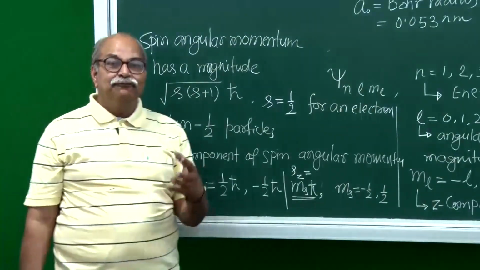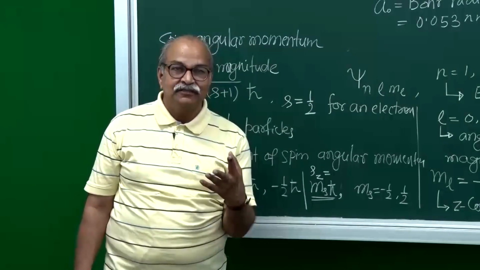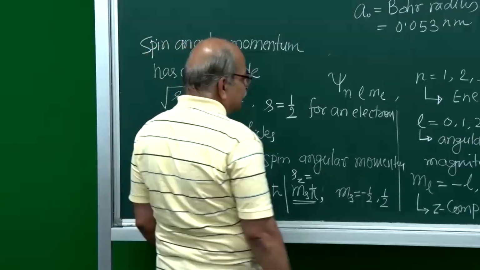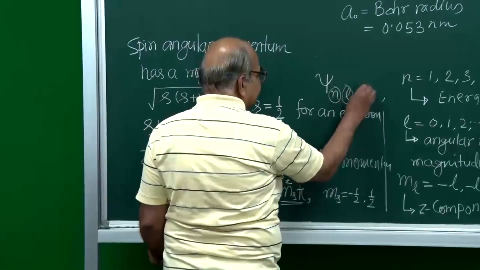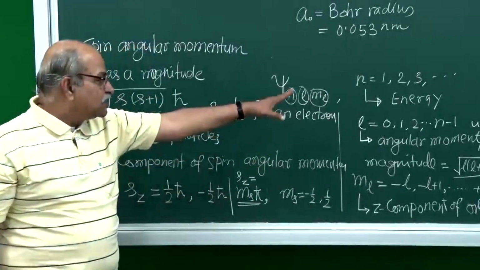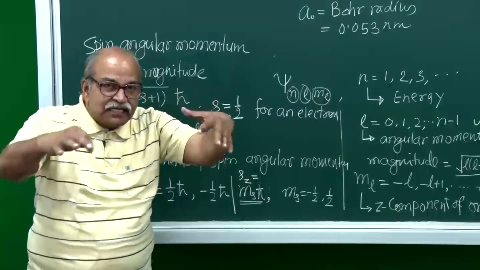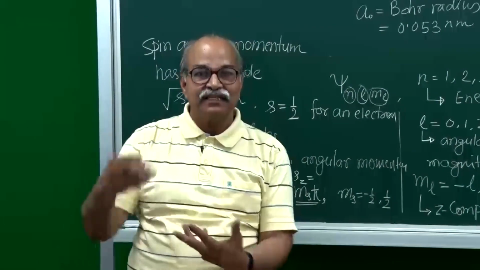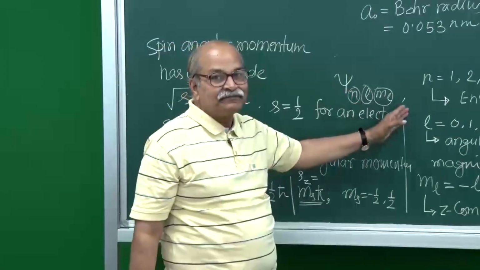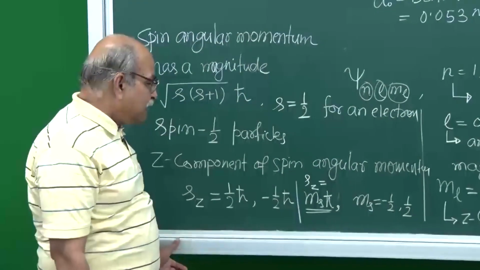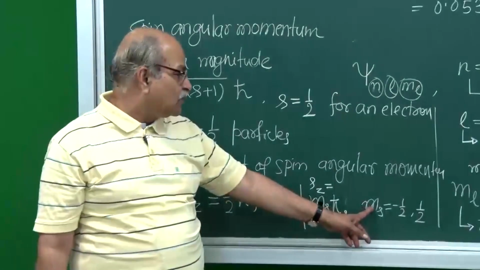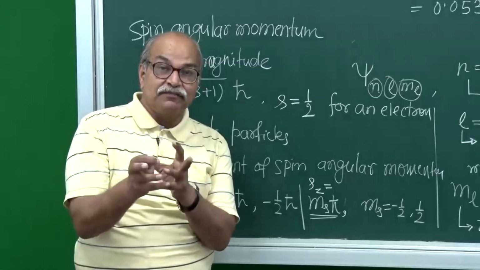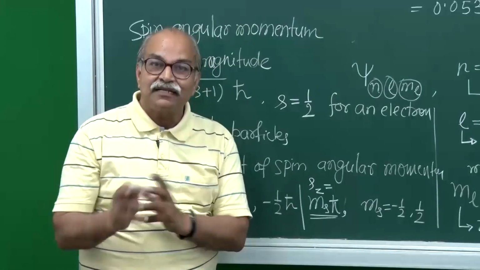So now you have 4 parameters. N is there, L is there, ml is there. If you give these 3 parameters, the behavior corresponding to space part x, y, z, that is fixed from here. And if you give this ms also, because S is anyway fixed, then the behavior of that spin part is also fixed.